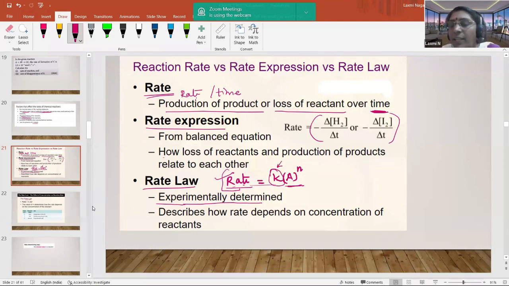Later on, when we introduce the Arrhenius equation, we say that K is equal to A e to the power minus Ea by RT. So we know that K is proportional to e to the power minus Ea by RT.